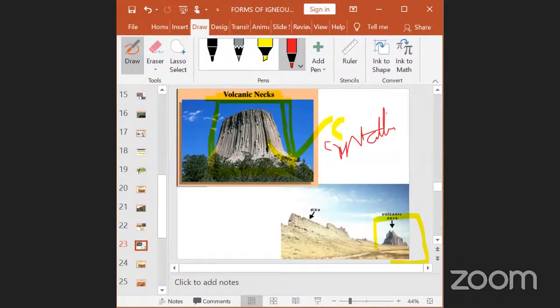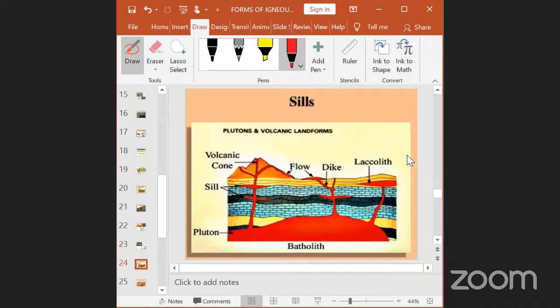The volcanic necks are also called volcanic plugs. These are igneous masses which seal up the vents of ancient volcanoes. So this is the volcanic neck.